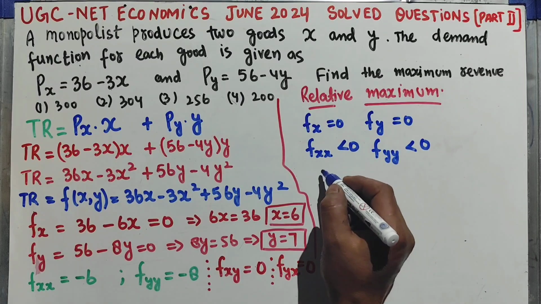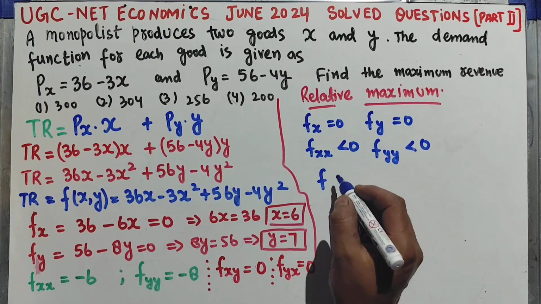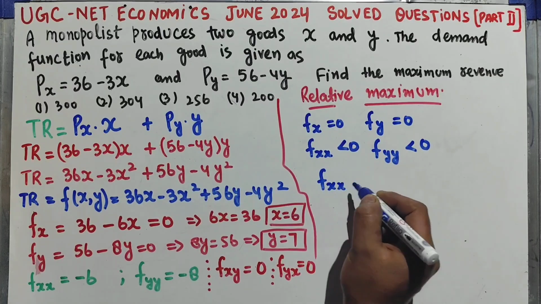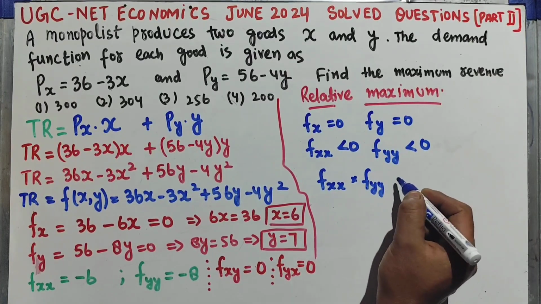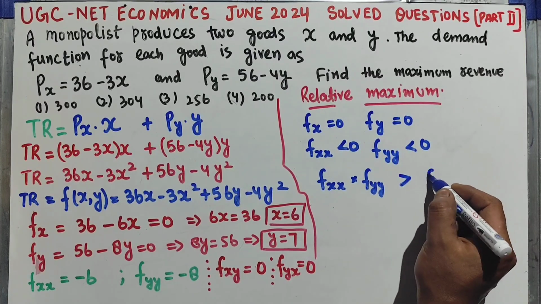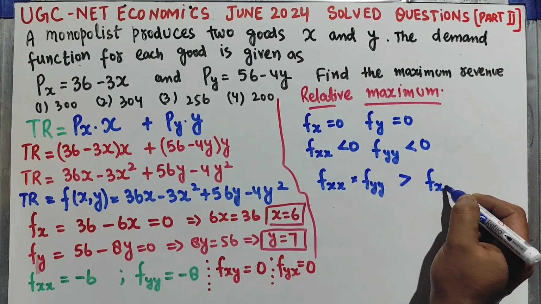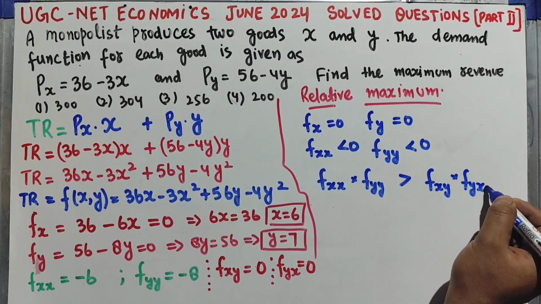And the third condition is that the product of the second order direct partials, f xx times f yy, should be greater than f xy times f yx.